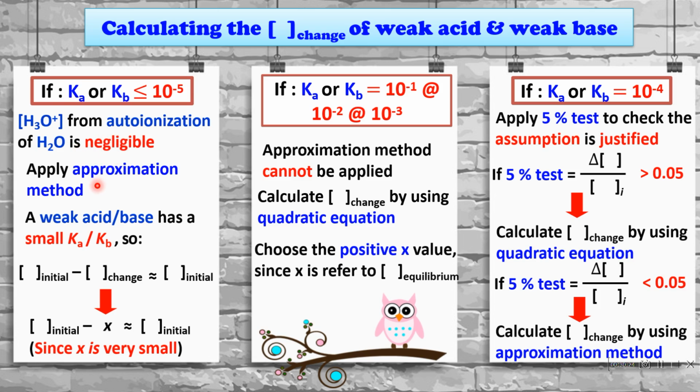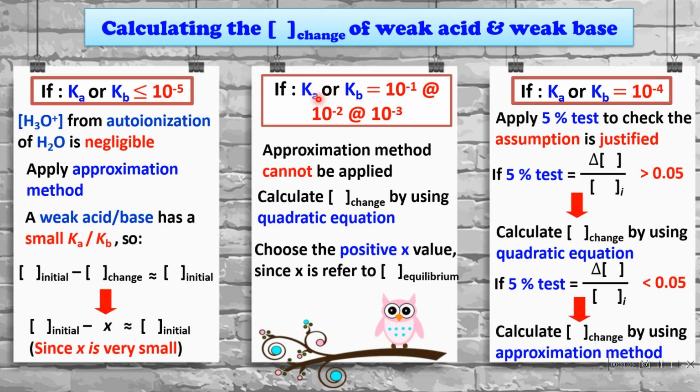So therefore you can use the approximation method. Which means you can assume that a weak acid or base has a small Ka or Kb. So we can assume the initial concentration minus the change in concentration is approximately the initial concentration, since the change is very small. The change here is referred to as X. The X value is very small, so it's approximately the initial concentration.